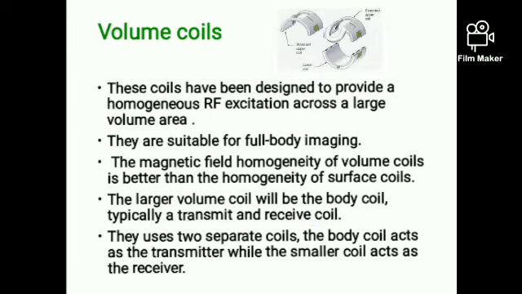And these coils are having two parts, one is a small portion, another one is the larger portion. The larger portion of the coil will act as a transmitting portion, which will transmit the signals, and the smaller portion of the coil will give you the receiving signals.